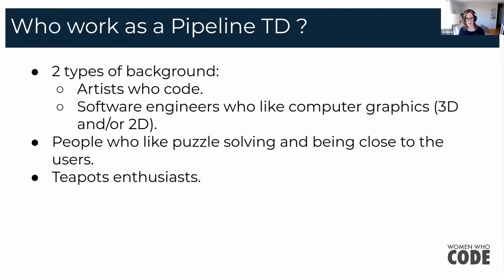Sometimes as a pipeline TD, you actually do shot work. So there is an opportunity for people who come from a computer science background and who want to do a bit of work on movies to do a bit of this work. It depends on the size of the team, but typically if you help one of the artists, you might do a bit of the work as well.